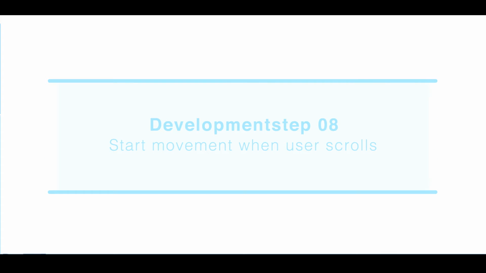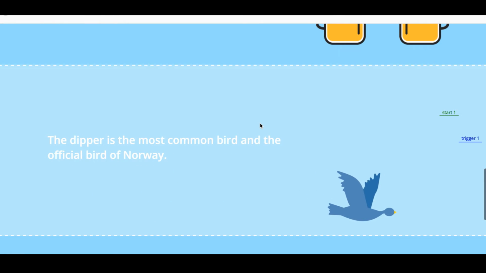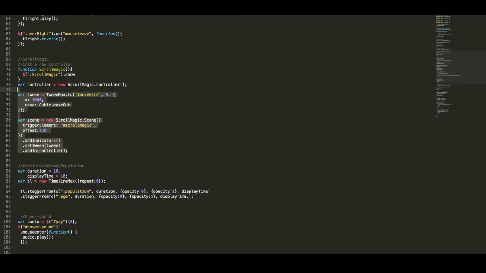This is called scroll magic. When you scroll down, something will happen. In this case, the bird is flying from the left side of the screen to the right side of the screen. This is the script for the scroll magic.